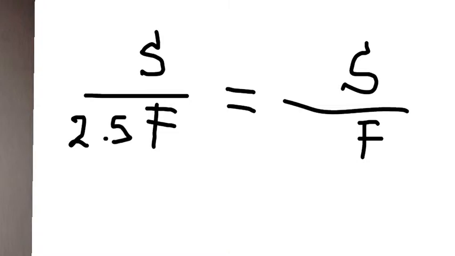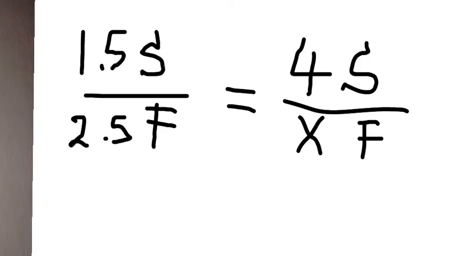You see how it's important to put the names first, so you know exactly where your numbers are going. That matches with 1.5 cups of sugar, so I put 1.5 up there. And then they give you the sugar amount, which is 4 cups of sugar, and you need to figure out how many cups of flour that is.